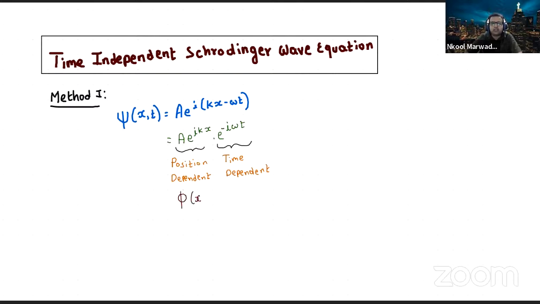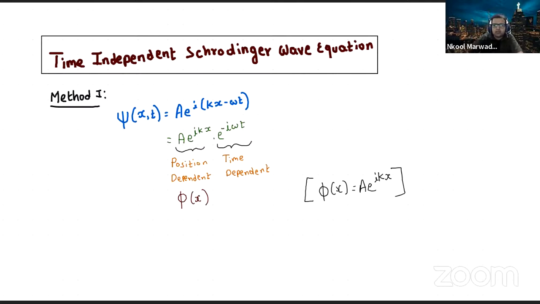In the later part of the derivation, I will be writing phi x instead of A e^(ikx). This phi x represents the function of position. With different values of x, I will get different values of phi. So this is clear.